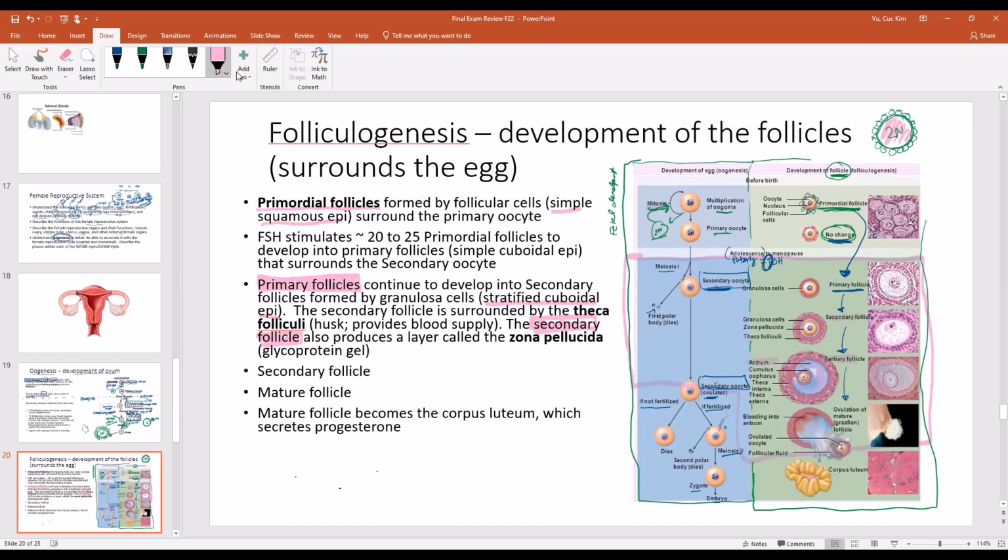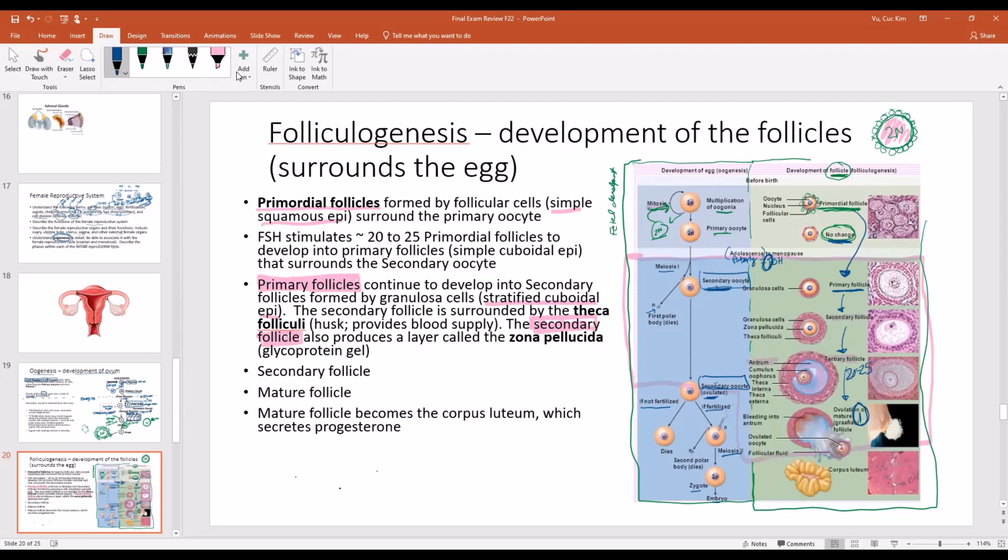Now, how many tertiary follicles do I have at this point each month? Several. Yes, 20 to 25. Of these 20 to 25, only one becomes the mature follicle.